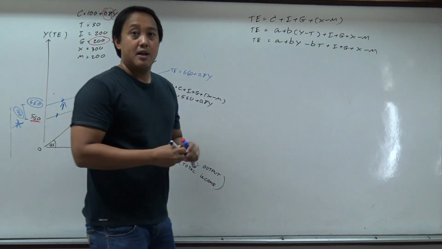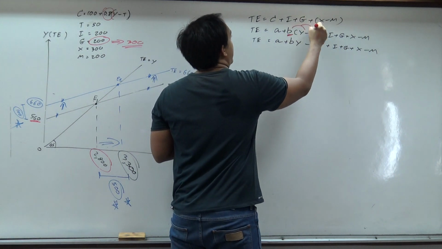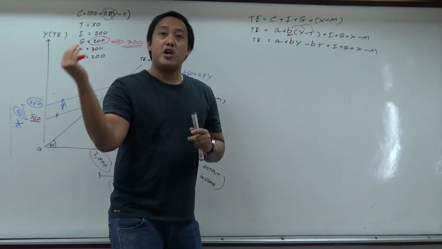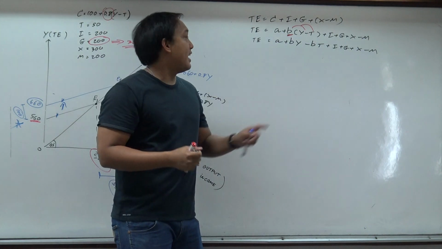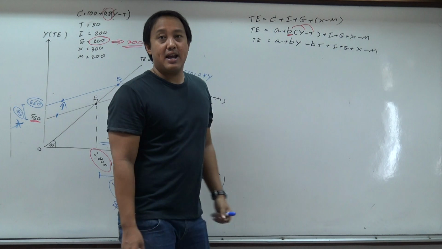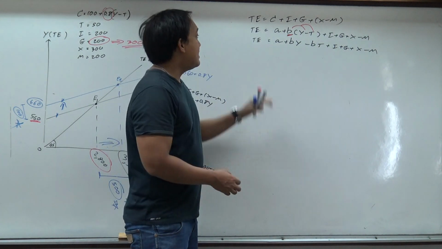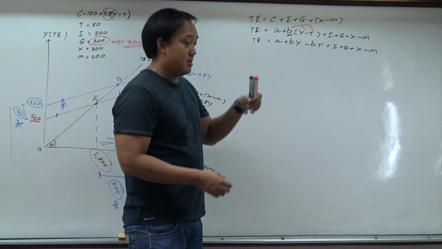And then I multiply B inside the bracket. I get BY, and I get BT. Okay, this is what I have. And this is the total expenditure equation.